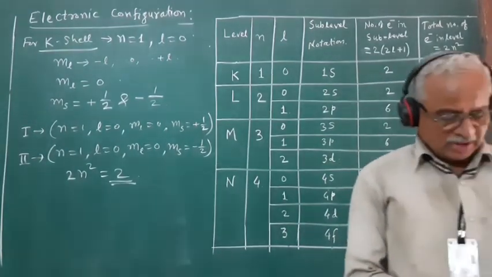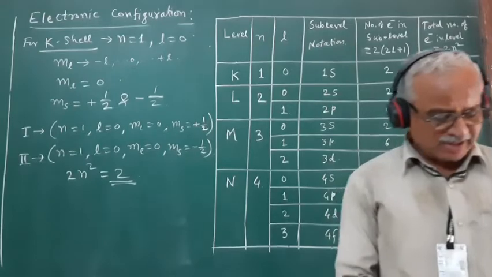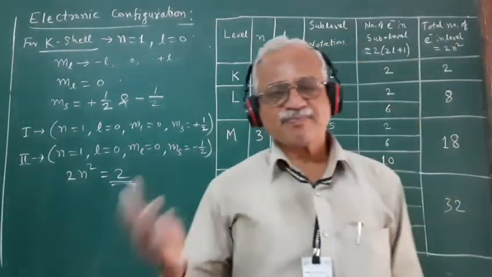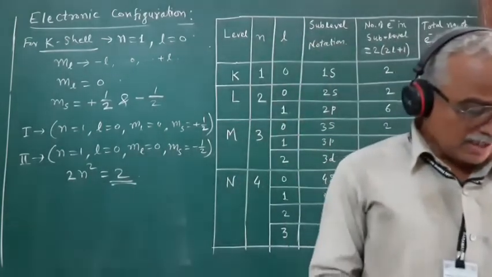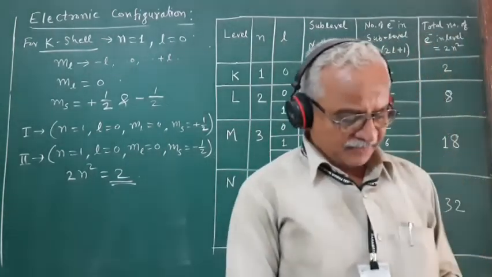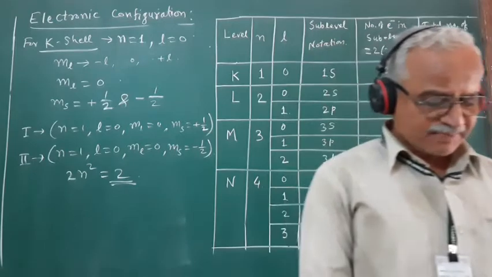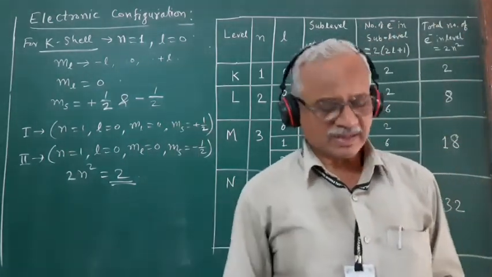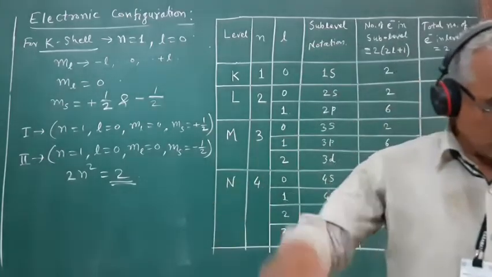So ms equal to plus half indicates the spin up state, and ms equal to minus half indicates that the spin vector is pointing in the downward direction, that is spin down.